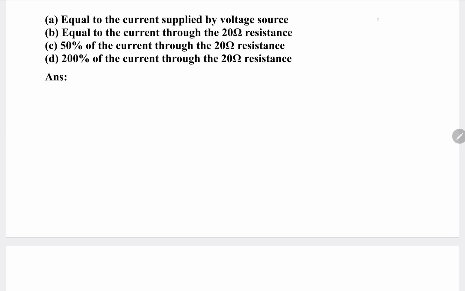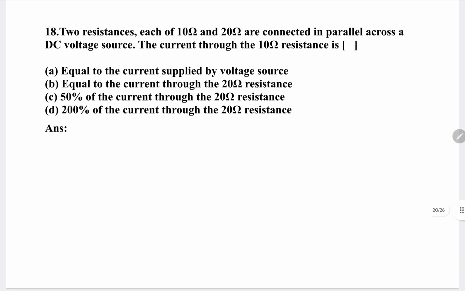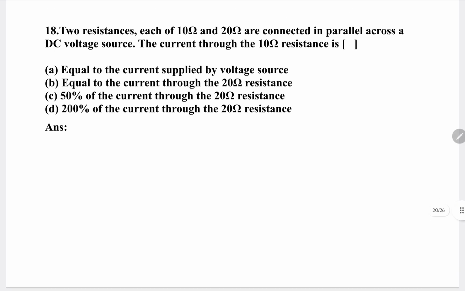Next question. Two resistances, 10 ohm and 20 ohm, are connected in parallel across a DC voltage source.